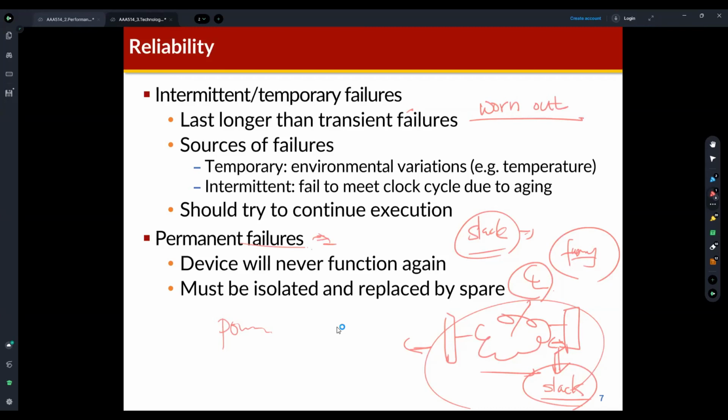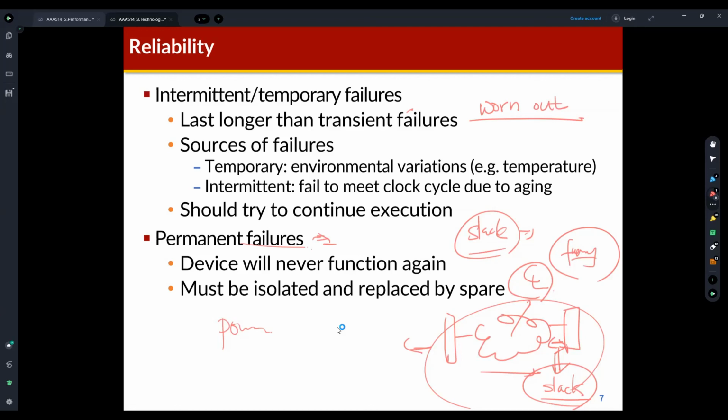Actually, these types of errors are not applicable for personal use because we do not use our computers continuously. The workload applied to our desktop or personal computer is very low compared to the data center. But for server systems, the reliability issues can be very critical.